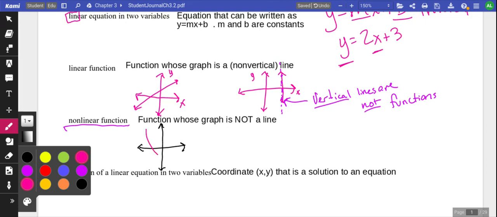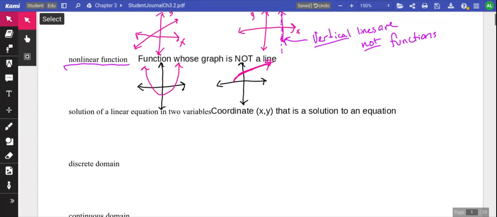So you might have a parabola. You may have something that looks like this, where you've got a curved part of your line. Anything that's not just a straight line, that's a nonlinear function.